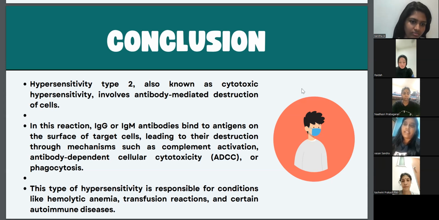This type of hypersensitivity is responsible for conditions like hemolytic anemia, transfusion reaction, and certain autoimmune diseases.